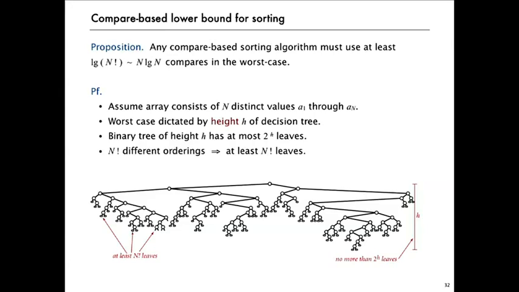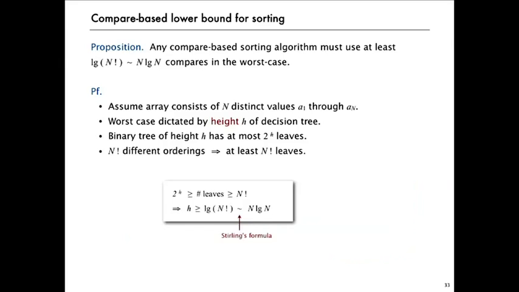So this tree has to have at least n factorial leaves. And if the tree is of height h, it has at most 2 to the h leaves. The tree that has the most leaves of height h is totally complete, and that one has 2 to the h leaves. And those observations give us the lower bound.